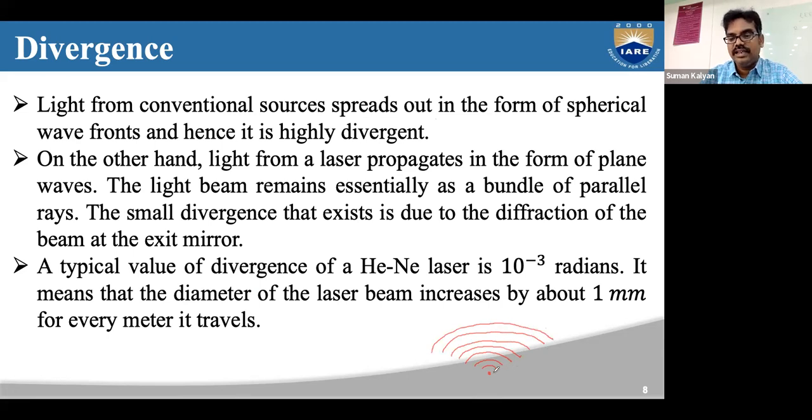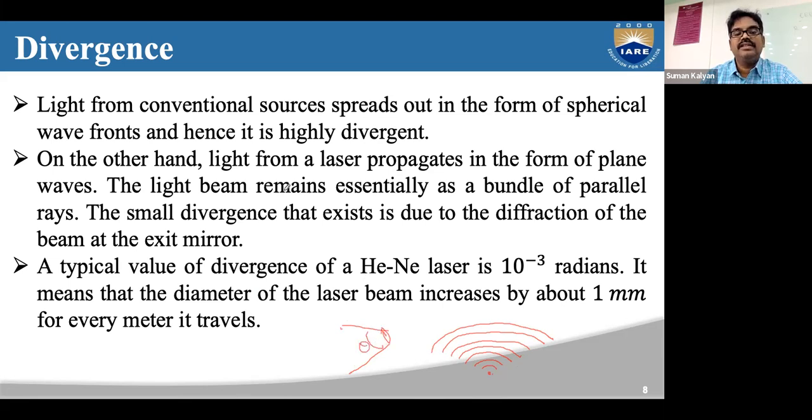If you are in a dark room and switch on a torch light, you can see the light focus spreads out. So the divergence from the source is very high.